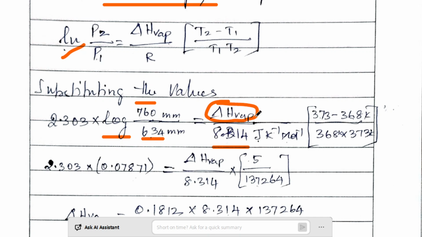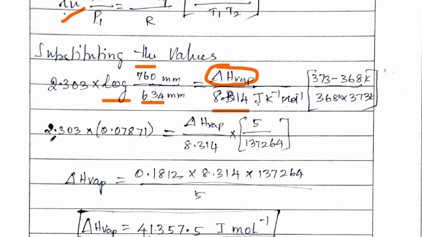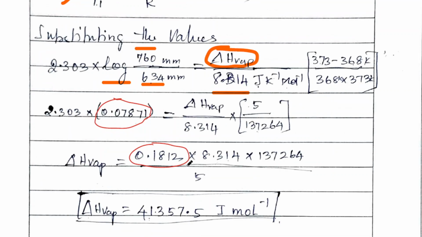Calculating or rearranging this equation, we calculate 760 by 634, and we get this value. Taking log of that value and multiplying by 2.303, we get 0.182, and this is the value that comes here.